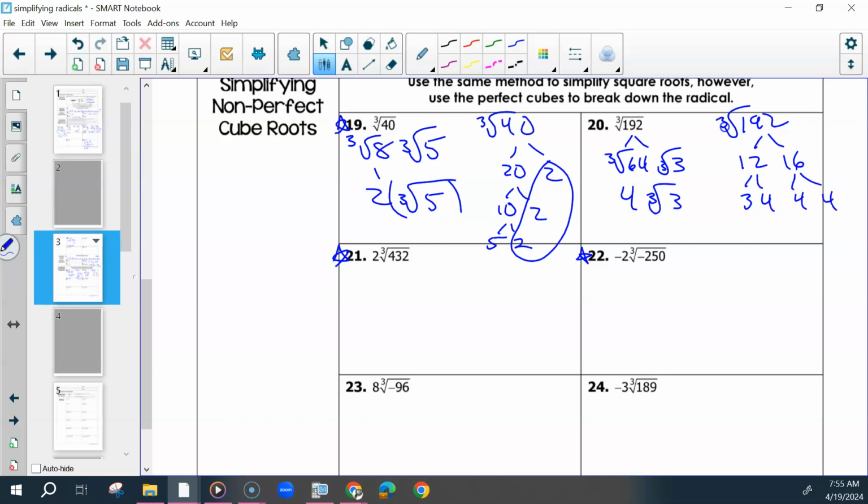Okay. And then you could stop there because we have a group of 3, or you could break down each 4 and you'd have a bunch of 2s that would come out also. So either way, that would work. If you broke down all the 4s, you'd have 3 sets of 2s, and that would be 2 groups of 2s. So 2 times 2 is 4.